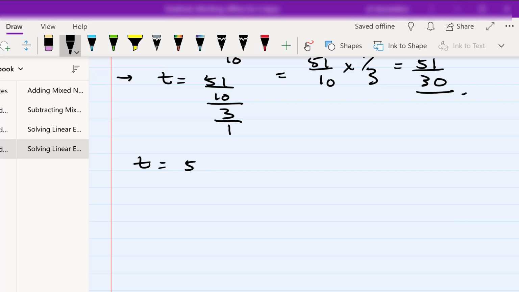So then t is 51 over 30, which is 1 with 21/30ths left over. T we can think of as time, so this is less than 2 seconds, for example.